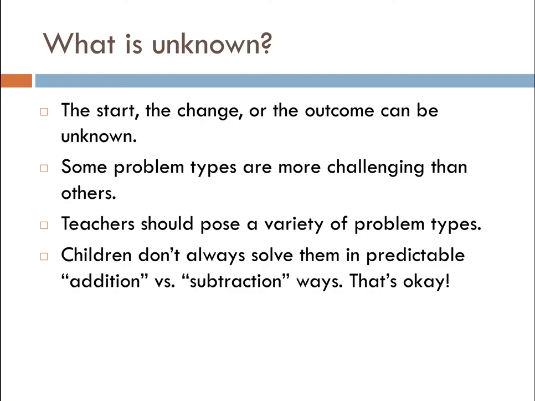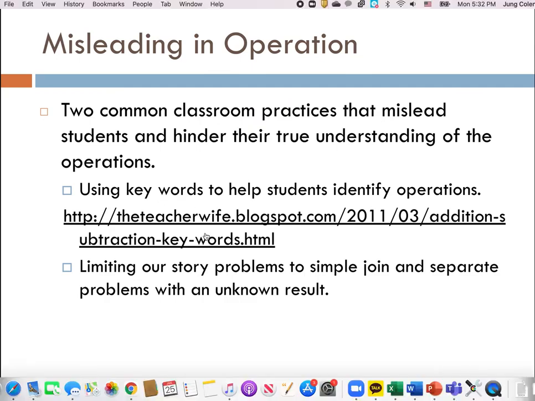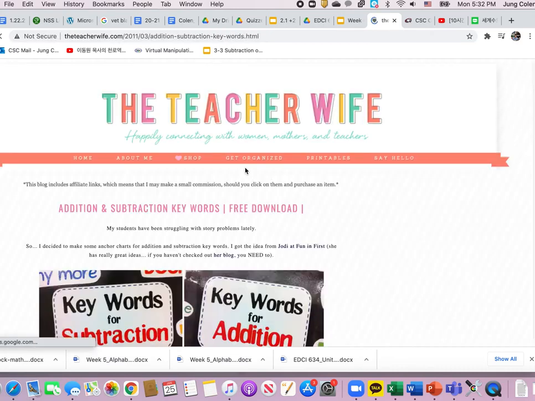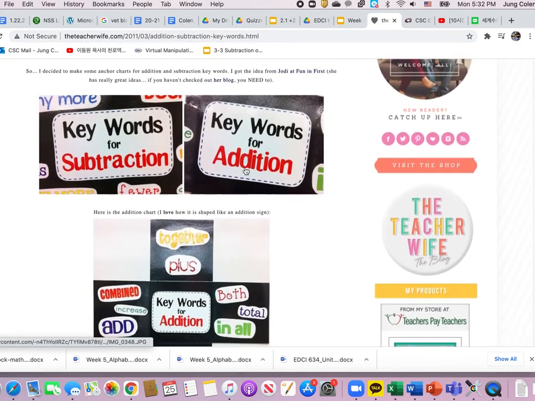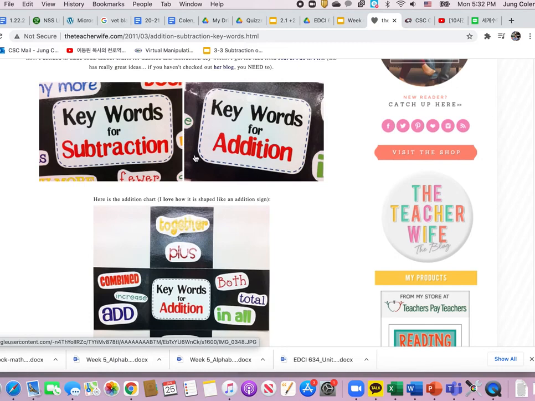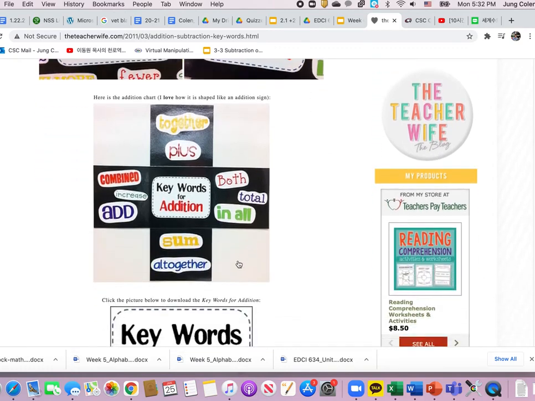looking at the keywords. Okay, I need to show you one mistake here. So when we are using the keywords like this, some classrooms have posters with keywords for subtraction, keywords for addition, and putting a sign like this, and they think it's very, very useful, but sometimes it misleads the student's solution.